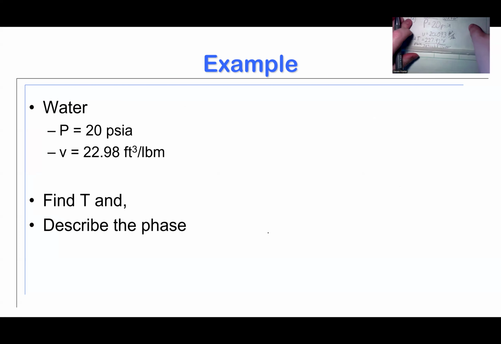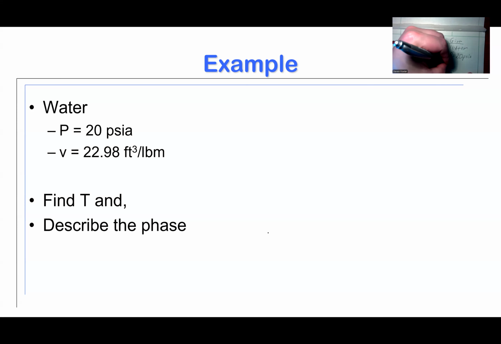Again, we've got water. So I'll write my givens down, write it large so we can see it in the little camera there. We've got water. I've got, again, a pressure of 20 pounds per square inch absolute, psia, pounds force per inch squared absolute.